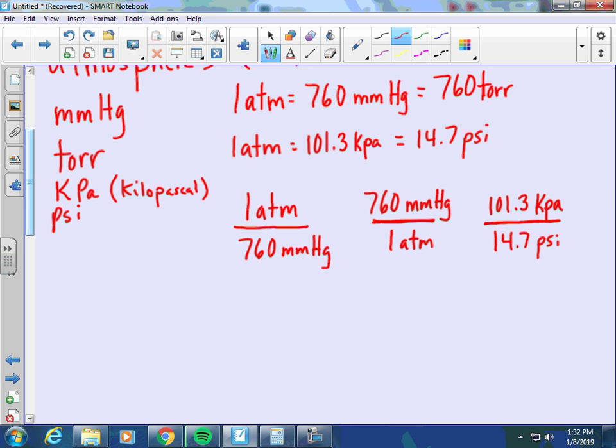Which one do you like? Torr. Okay. There are 760 torr. You want to pick another one for me? There are 760 torr per 1 ATM, 1 atmosphere. Pretty simple, right?